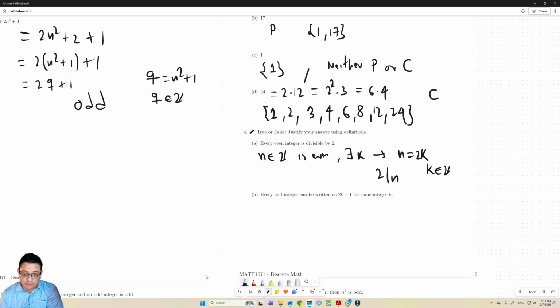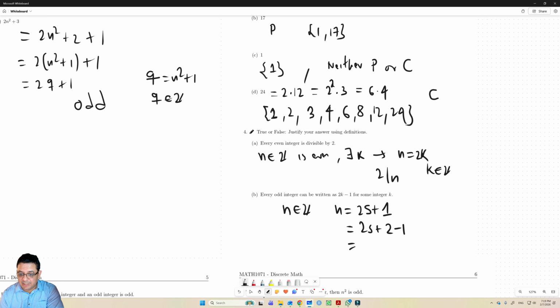Now, every odd integer can be written in the way 2k minus 1 for some integer k. This is also true. If you have n that belongs to the integers, it can be written as 2s plus 1, right, initially. But then we can see this 1 as 2 minus 1, right? 2 minus 1 is 1.